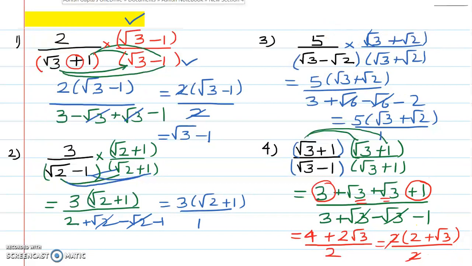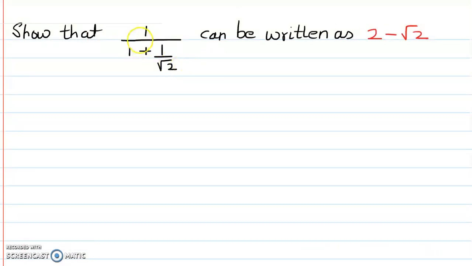Let's see a few more exam questions. Here it is 1 over 1 plus root 2. Okay, so how can we simplify? Let's simplify like this: 1 over 1 plus 1 over root 2. There was nothing, so I assumed 1. So this we can write down as 1 over.